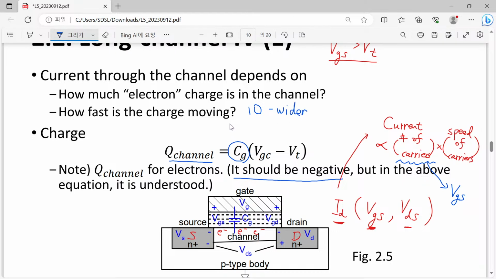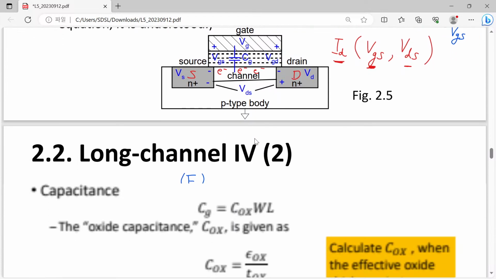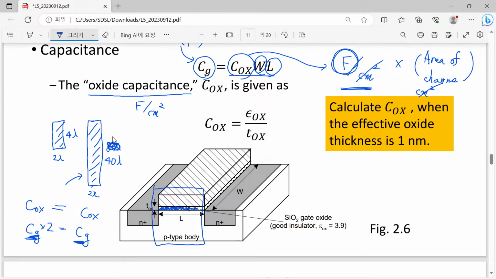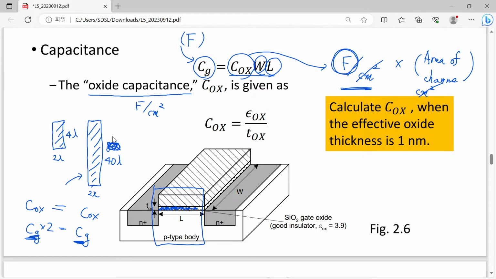Then you will have 10 times larger gate capacitance, so you will have 10 times more channel charge. That is quite obvious. It means that if we introduce a 10 times wider device, then we will have 10 times more charge in it. Here we have, let's say, Q, and now we will have 10Q.